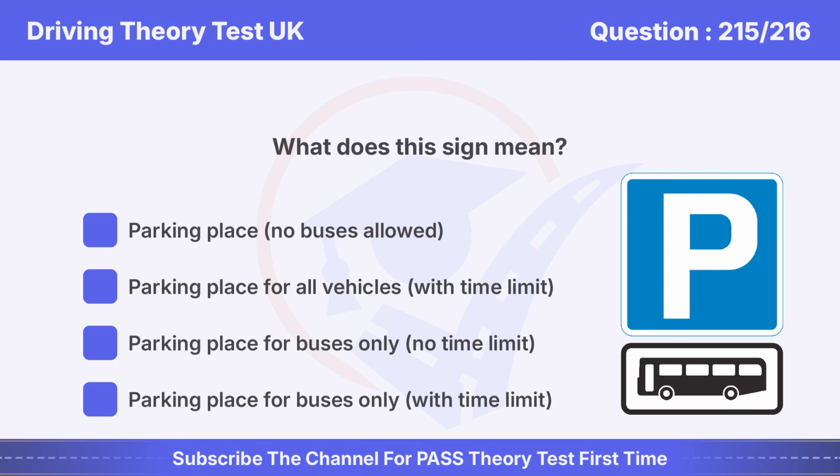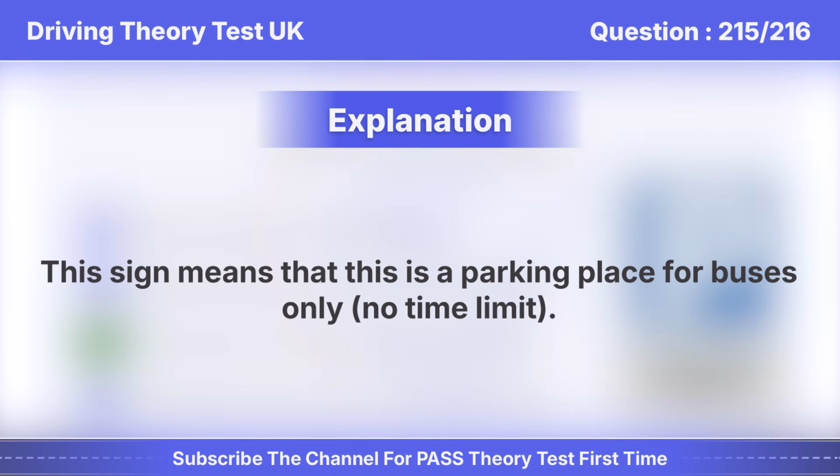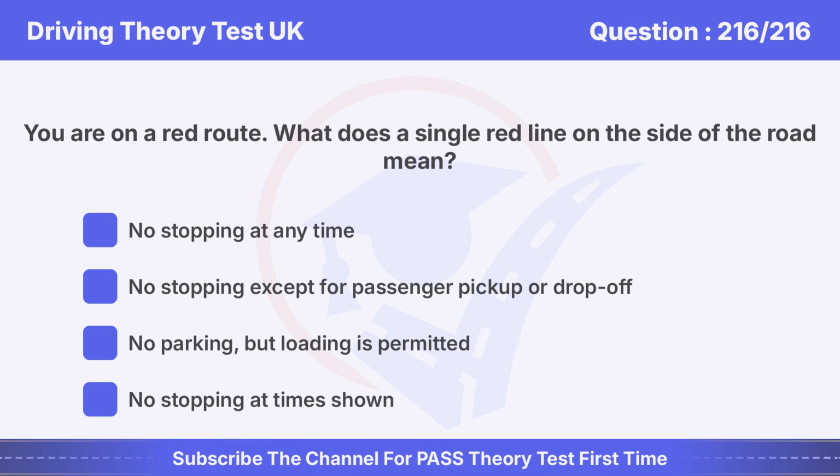Question 215. What does this sign mean? Answer is C. Parking place for buses only, no time limit. This sign means that this is a parking place for buses only, no time limit. Question 216.